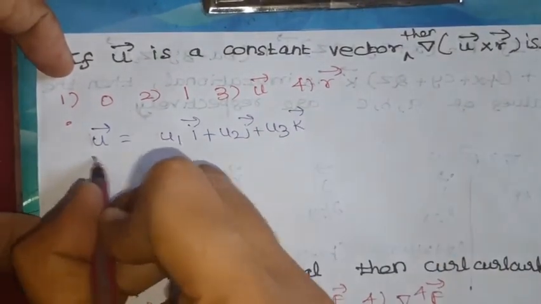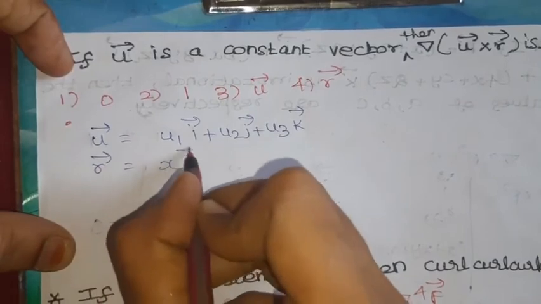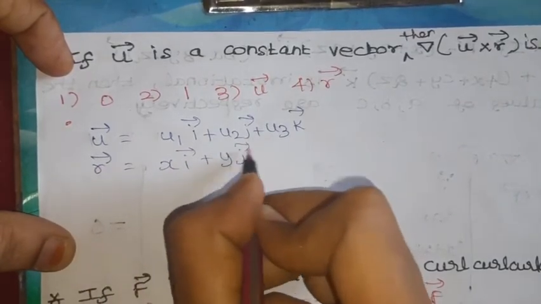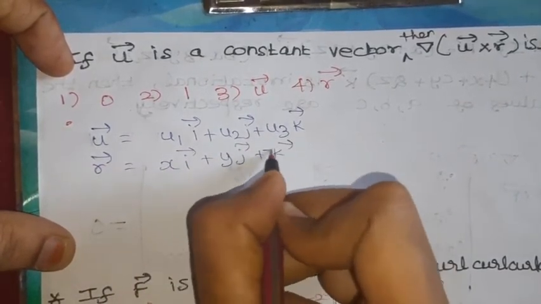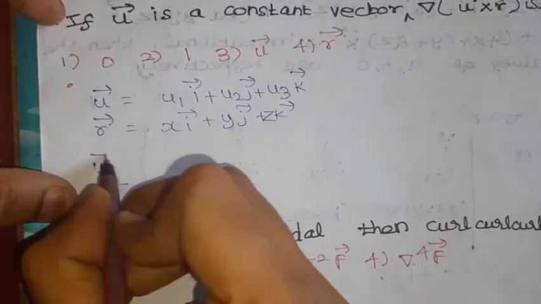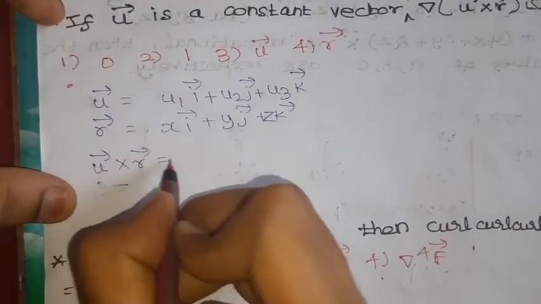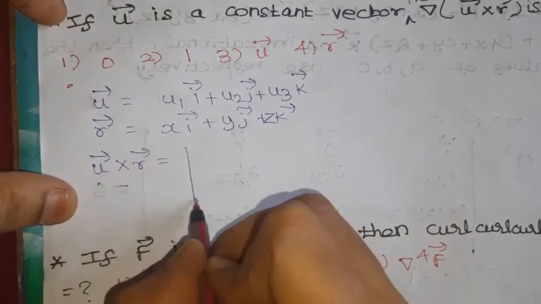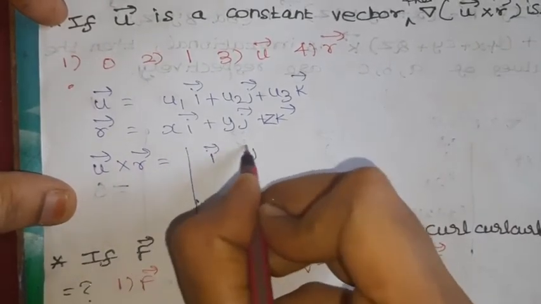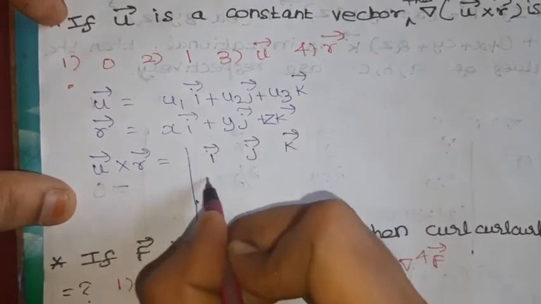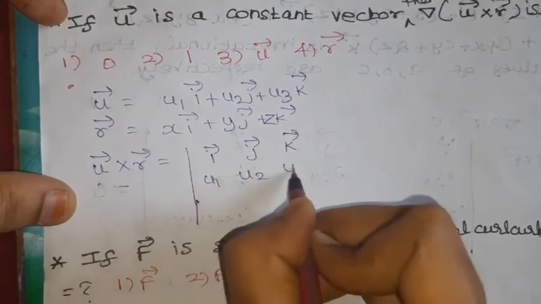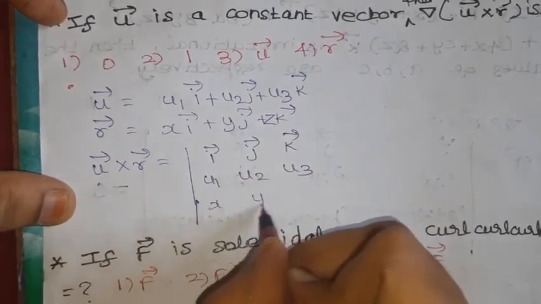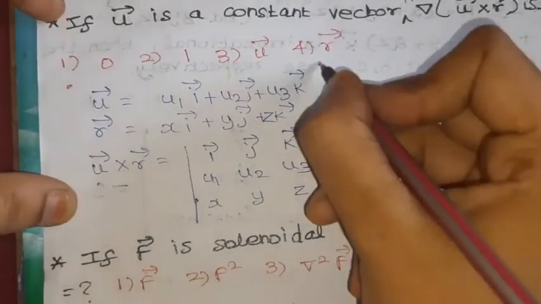Let r equal to xi plus yj plus zk. So first find u cross r, then we'll find del of u cross r. So i, j, k, then u1, u2, u3, then x, y, z. Just expand.